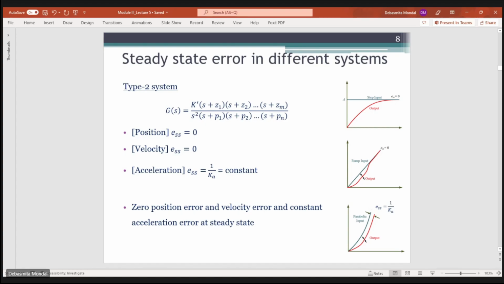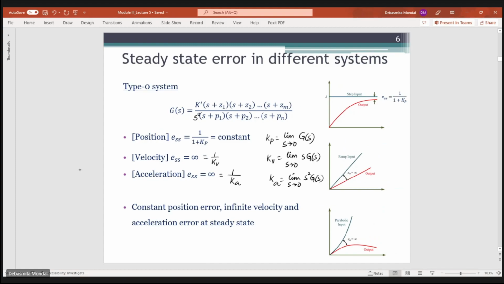So you see that as we are increasing the type of the system, that means as we are increasing the number of poles present at the origin, the steady state errors for various kinds of input are getting nullified. In the first case, when we were talking about the type 0 system, you had a constant position error, and the velocity and acceleration errors were infinite.